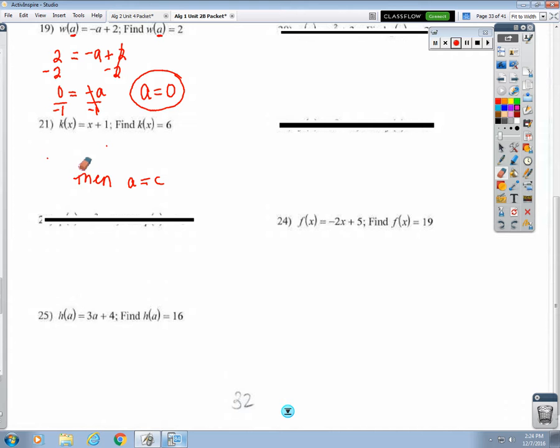If k of x equals x plus 1 and k of x equals 6, doesn't that mean that 6 and x plus 1 are also equal? And by doing that, you've made yourself an equation that you can actually solve for x. And how do we solve it for x? And so you get x equal to 5, which makes sense because if you plug a 5 in for x, is 5 plus 1 equal to 6?